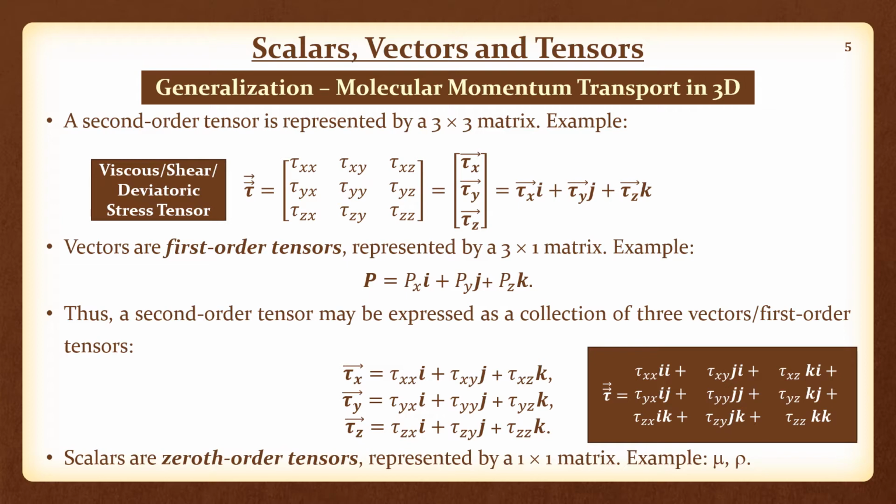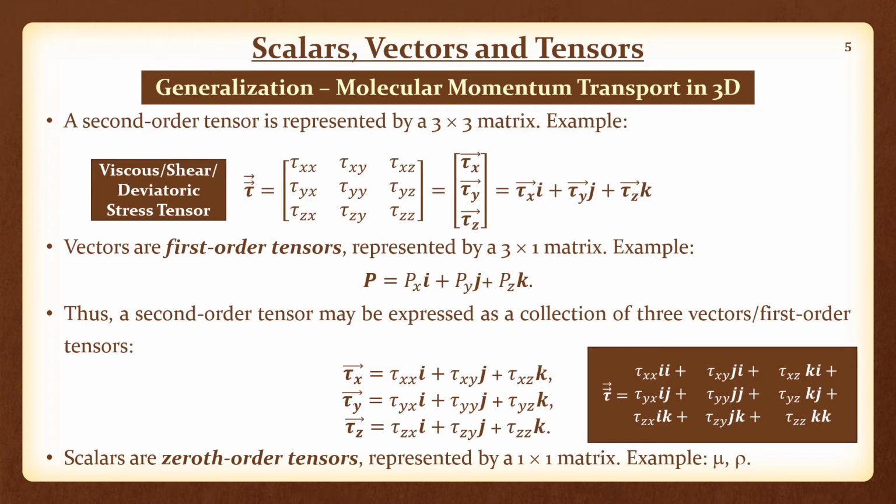Look at a vector, for example, px i plus py j plus pz k. You can write px, py, and pz as a column matrix. And then you can represent a second order tensor as a 3 by 1 matrix of vectors, each having 3 entries.